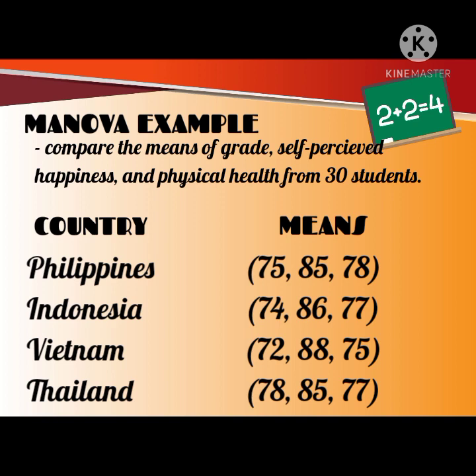And these are the means of these three variables from a dataset. So we are trying to see if these mean vectors are significantly different between these four countries. That's why we use MANOVA. This is only an example, and this is not exact data, so don't be offended.